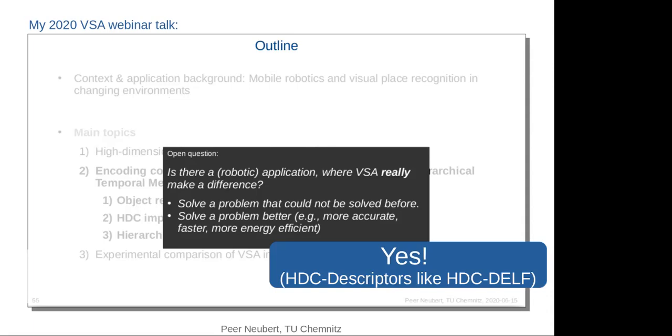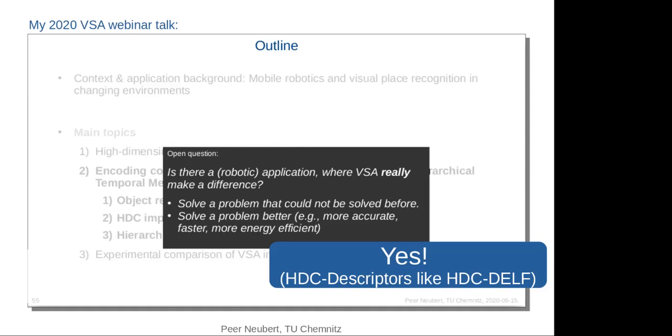So what can you expect from this talk? After this talk, I hope we all see and understand the importance of image descriptors in computer vision and robotics, and their very strong relation to VSAs and hyperdimensional computing. Also, you will learn about concrete examples, how to combine deep learning techniques with hyperdimensional computing to create better image descriptors.